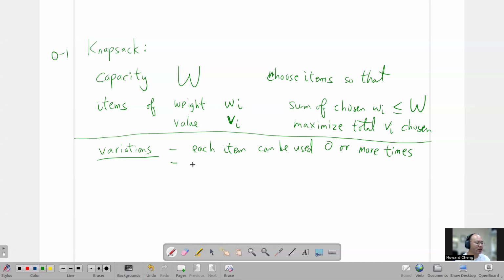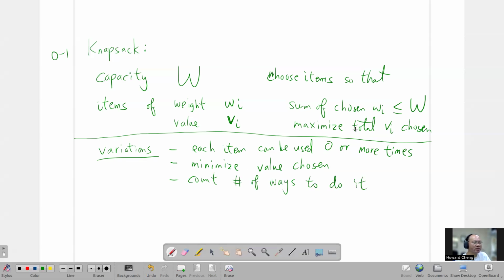You could decide to minimize the value. So instead of these items having certain values, maybe they have a certain cost, and you want to minimize the cost. Doesn't really matter whether you maximize or minimize. It's the same problem. You can also count the number of ways to do something.